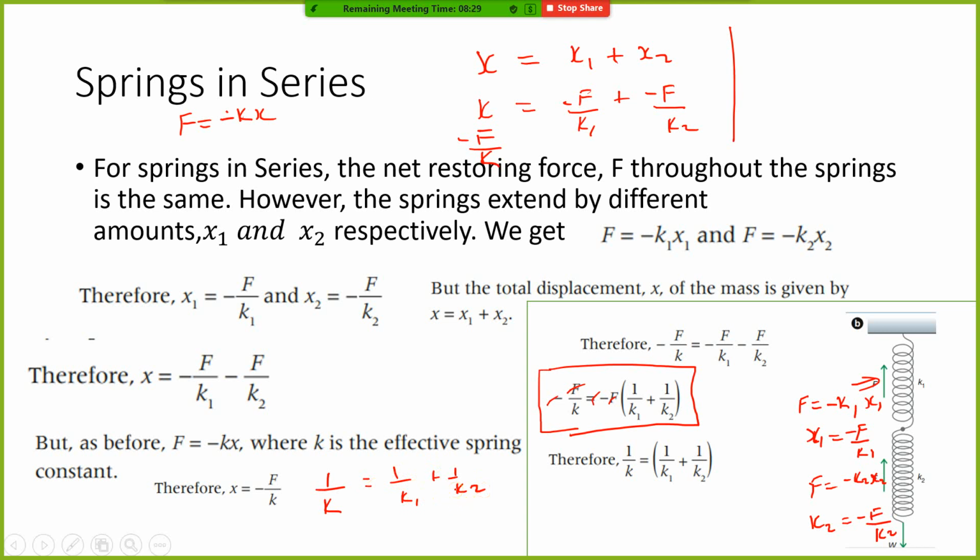Now, this doesn't tell you directly the spring constant. You would have to do a lot of things here to find the effective spring constant of this spring, which is the K value. The easiest thing to do is to find the LCM of this side, or pretty much find that mixed fraction thing.